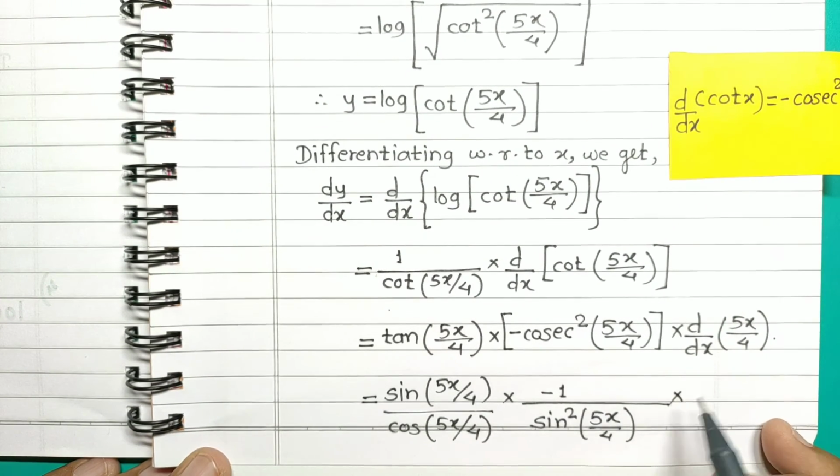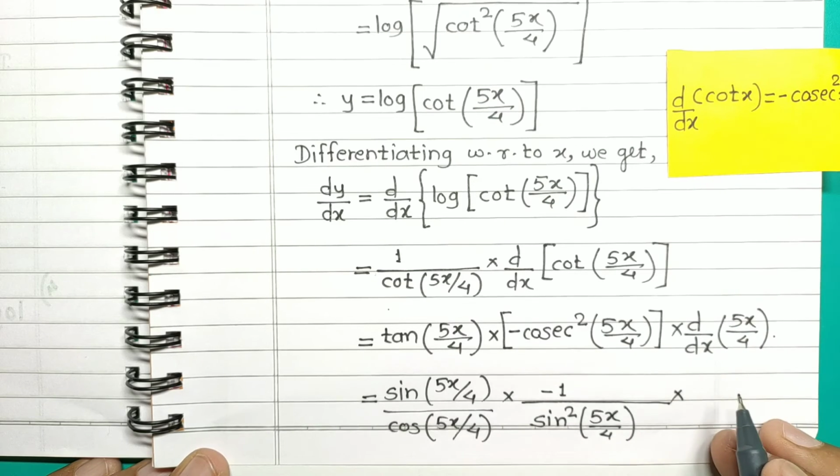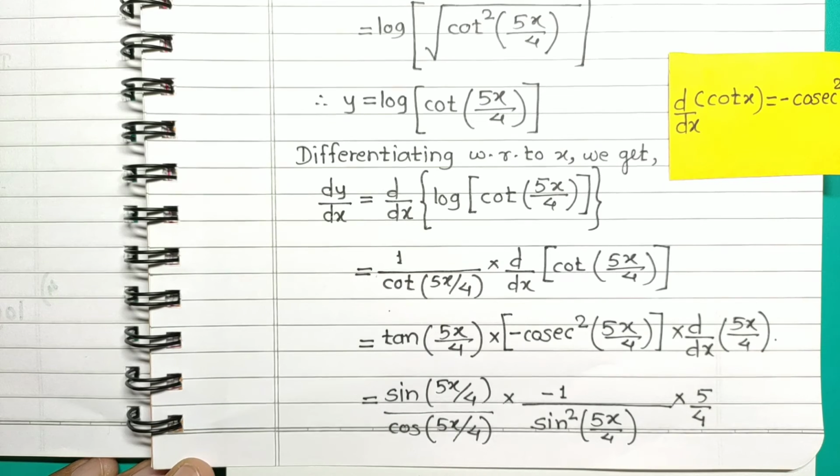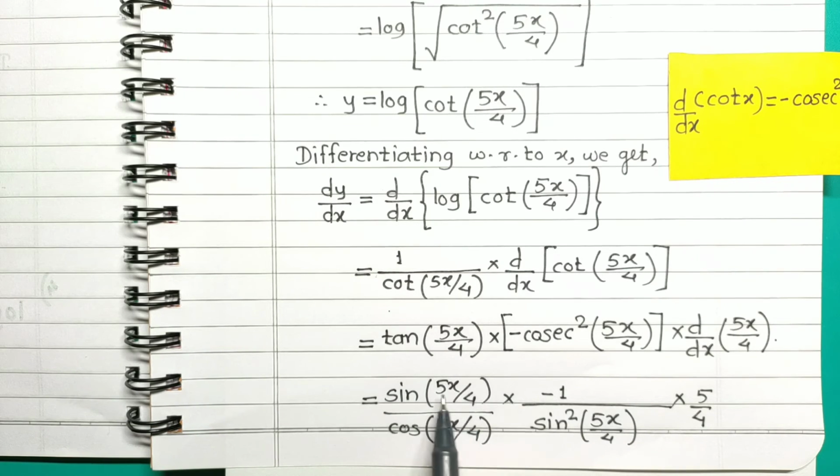And finally you multiply derivative of 5x by 4 here, which is 5 by 4. See, after this step, this sine term is going to cancel, and at the numerator we have minus 5, and at denominator we have 4 into cos of 5x by 4 into sine of 5x by 4.